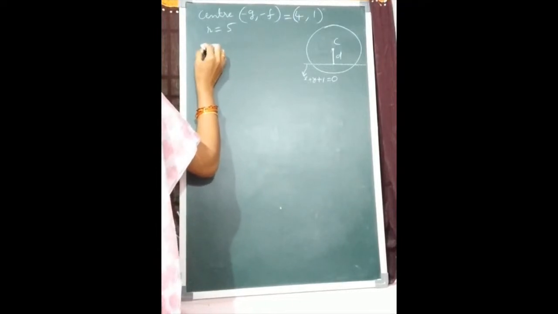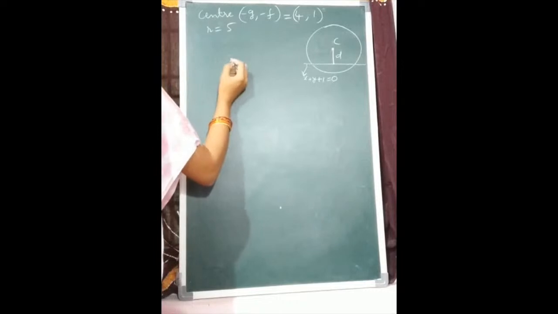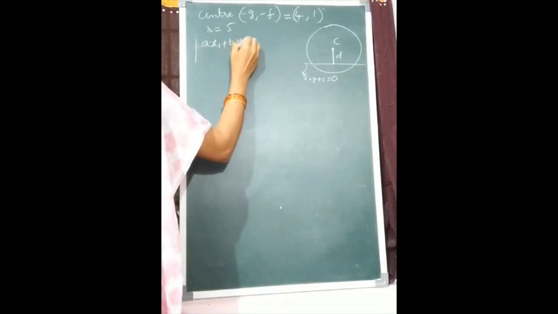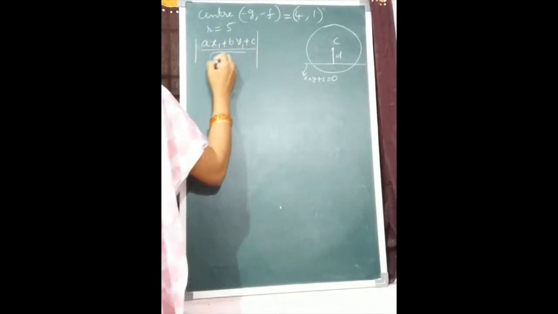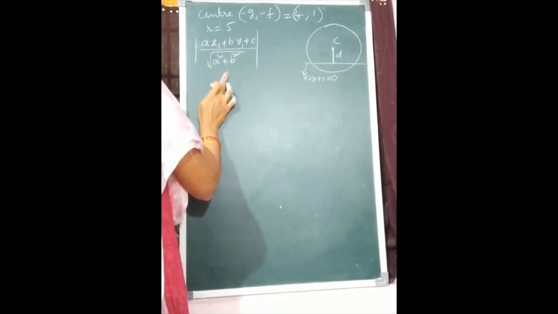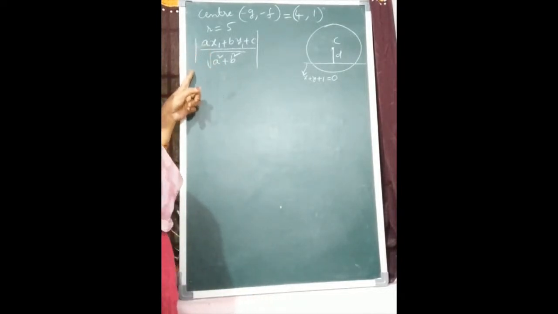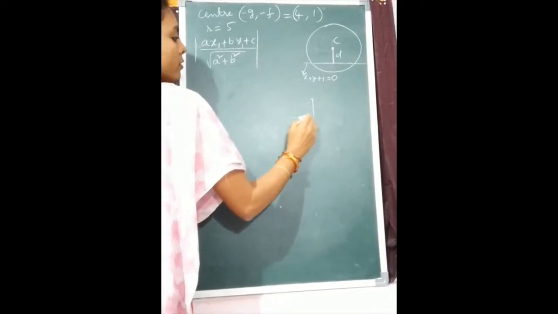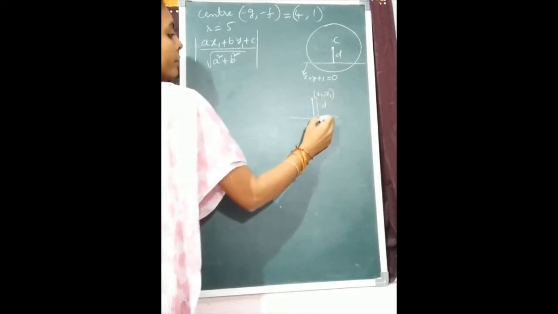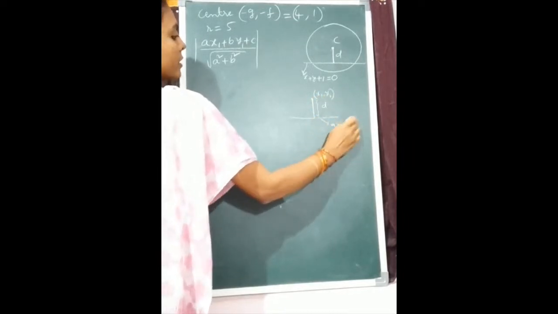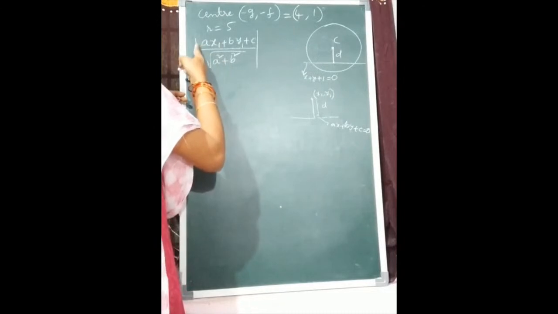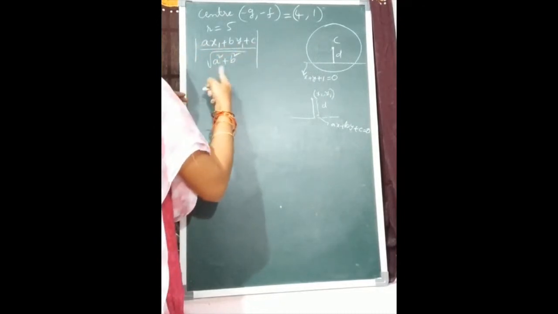We have a formula: the perpendicular distance from point P to the line is modulus of ax1 plus by1 plus c by root over a square plus b square. This formula is in Inter first year 1b. If the point is x1, y1 and the line is ax plus by plus c equal to 0, then the distance d is equal to modulus of ax1 plus by1 plus c by root over a square plus b square.